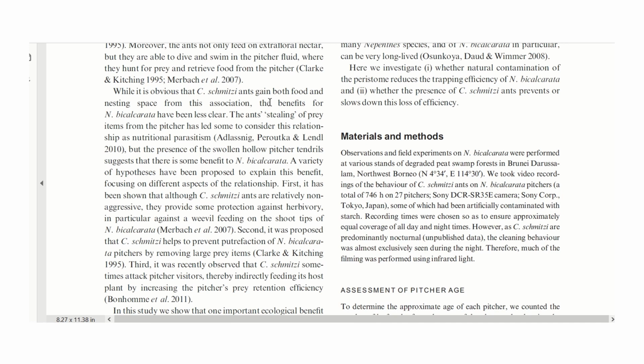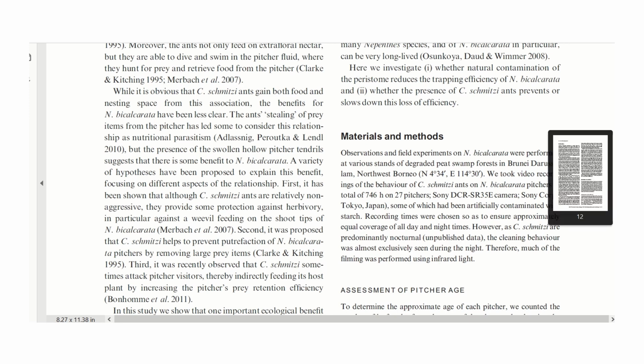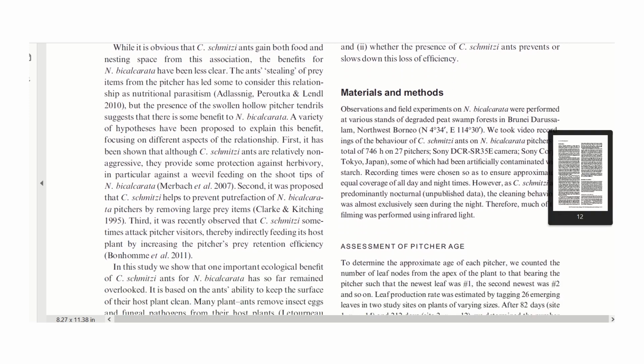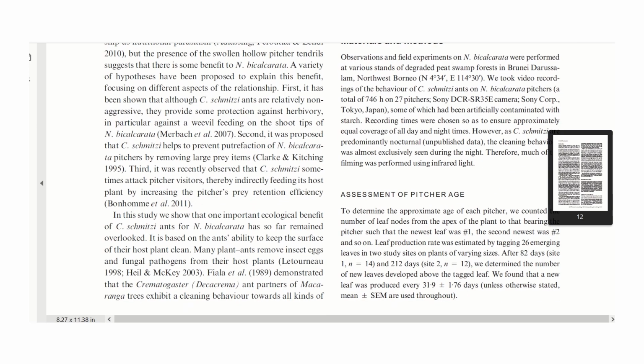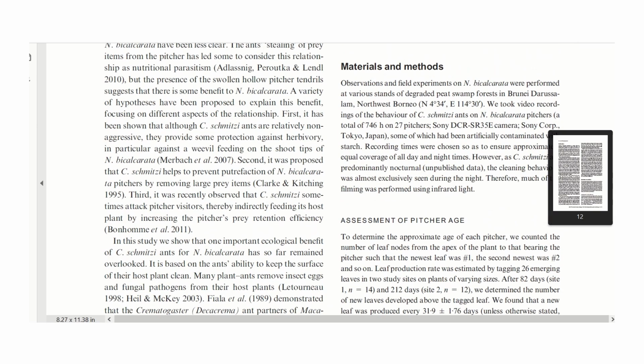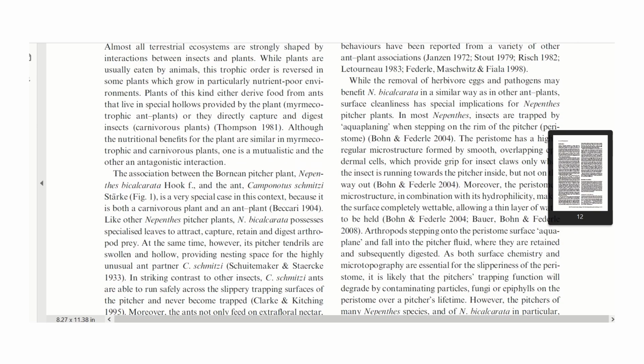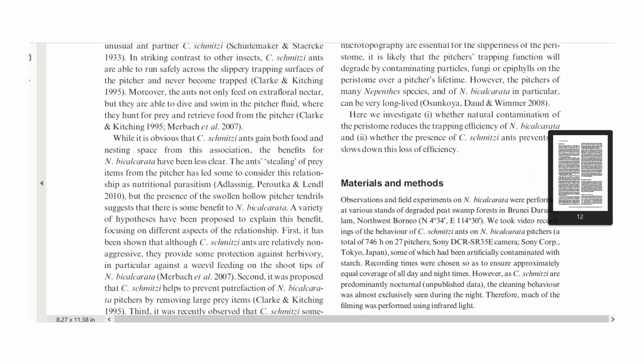So you could say a general question could be, how do C. schmidti ants benefit N. bicalcarata pitcher plants? That could be the question, right? And then if I scroll down, I'm trying to look for words of purpose. So if we scroll down, what do they want to determine?